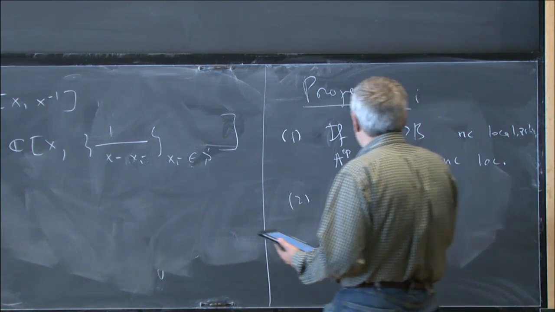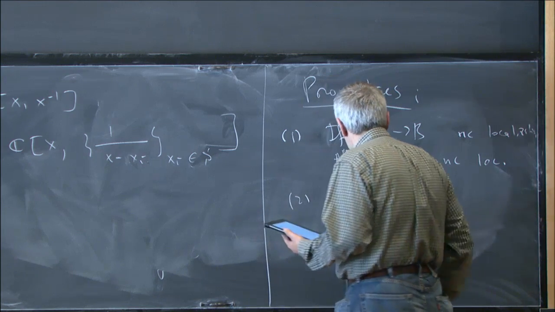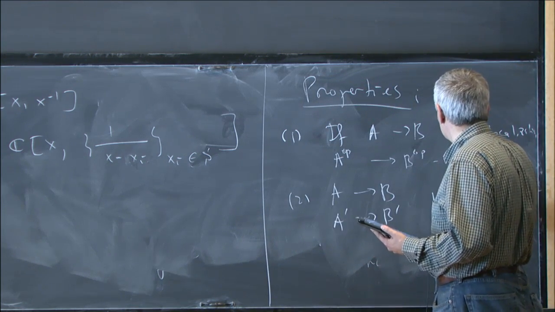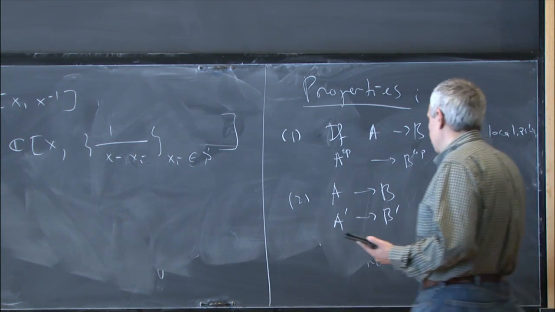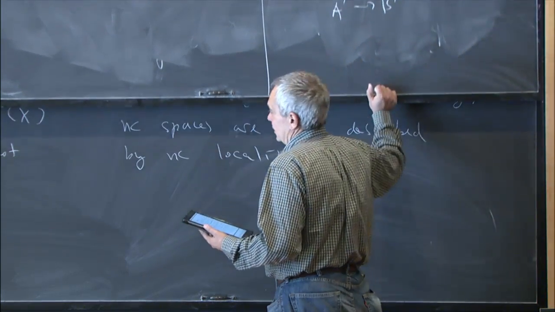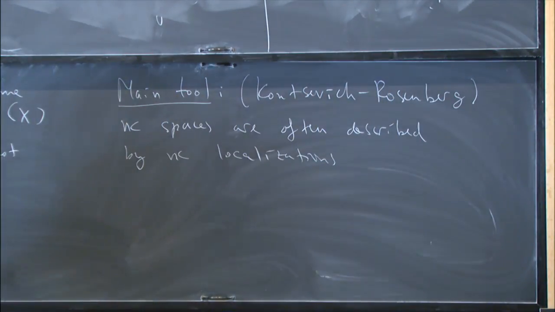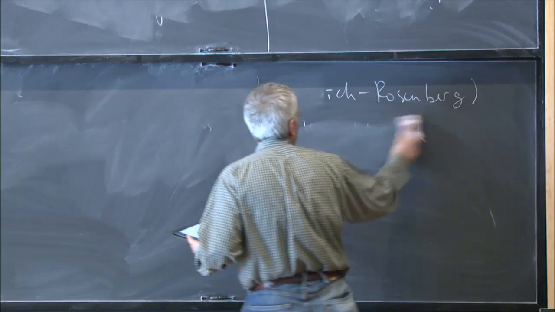So if you have two non-commutative localizations, then you look at the products of the corresponding spaces and you get a non-commutative localization.